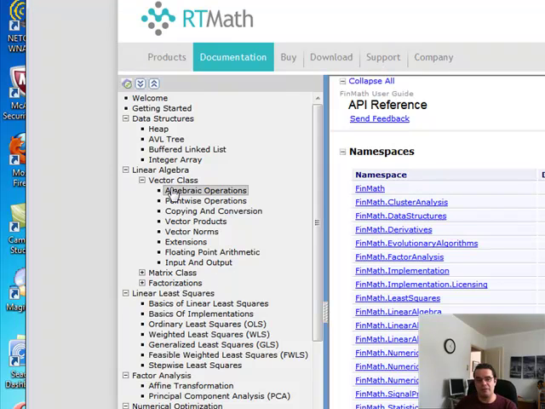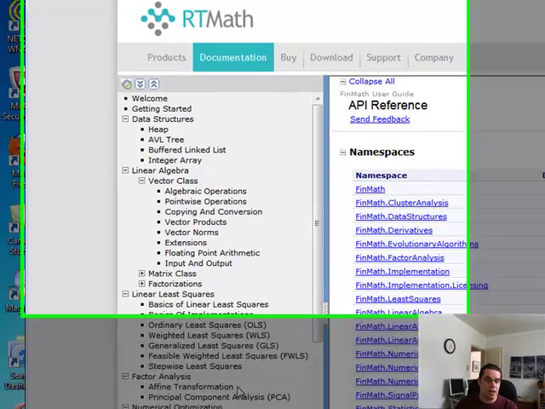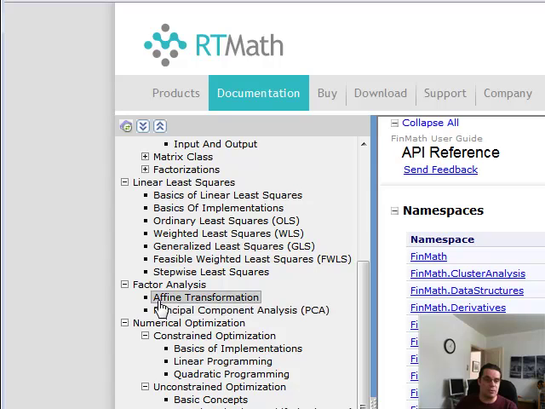So you get both vector and matrix. Then you move into the linear least squares, like ordinary least squares, and things that I've never seen before, weighted, generalized, GLS and WLS. And then we get into more of the principal component analysis, otherwise known as PCA. That's going to be something I'll be looking at down the line.